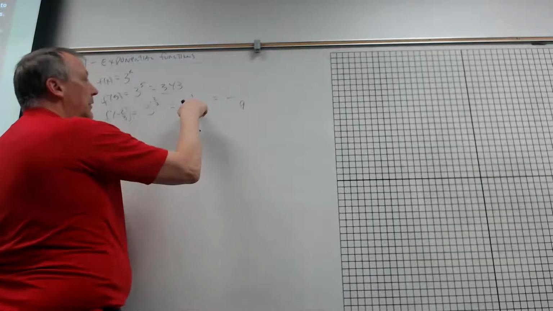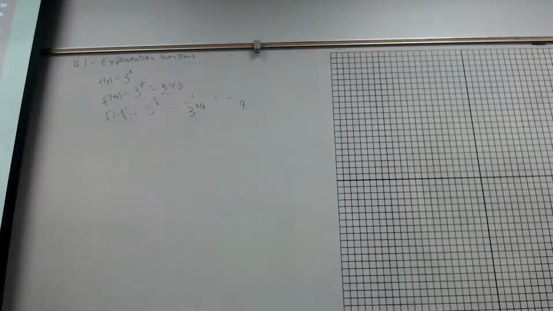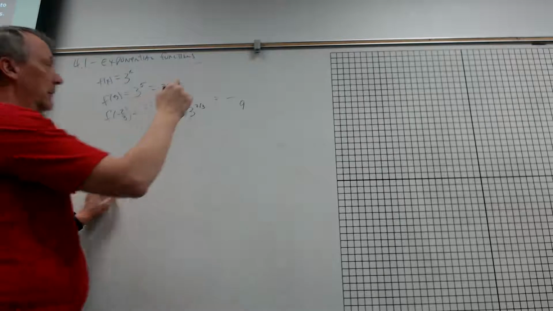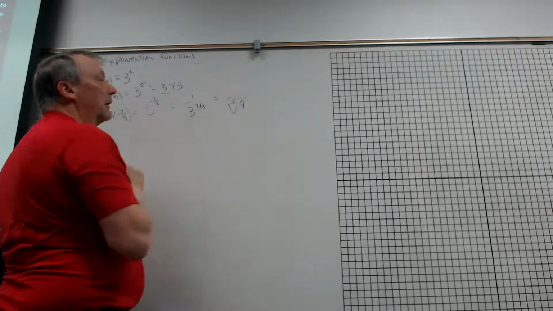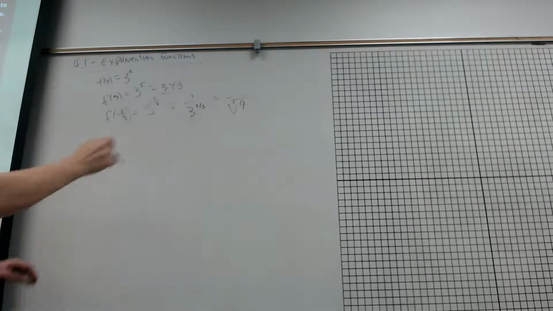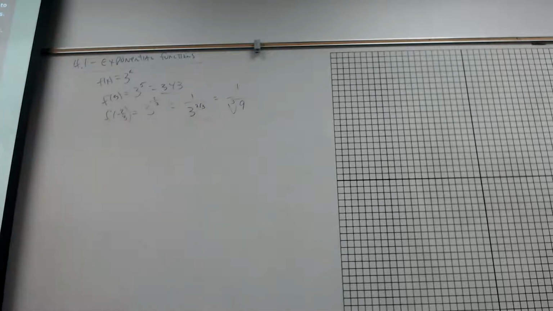And then if that was the 1/3 power, how could you rewrite that? The cube root. The cube root of 9 in this case. Still have our 1 there. Does that make sense?